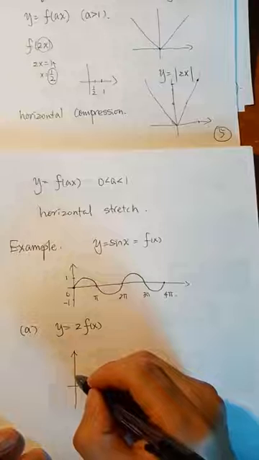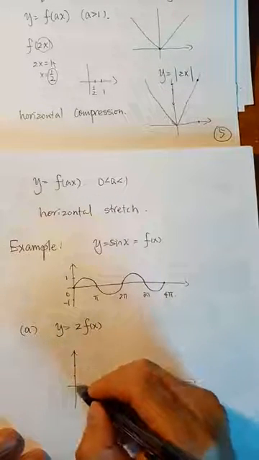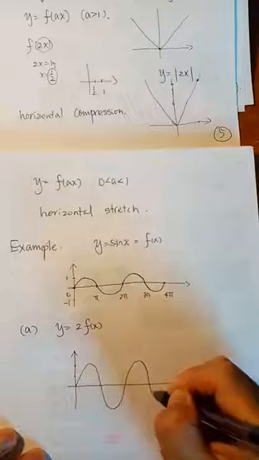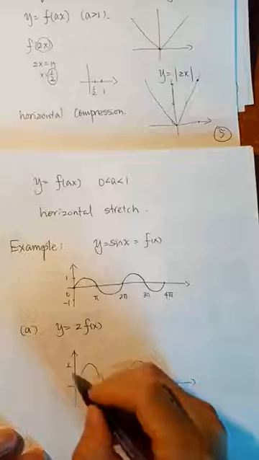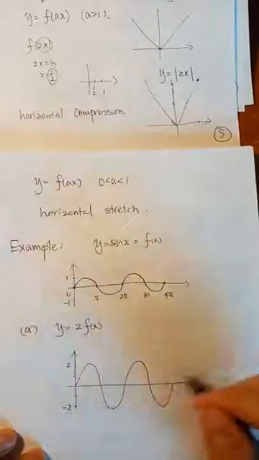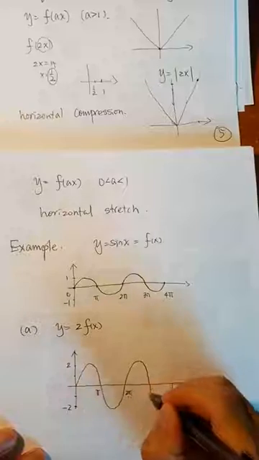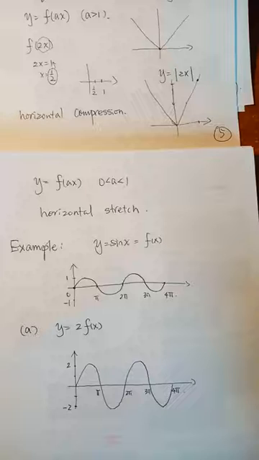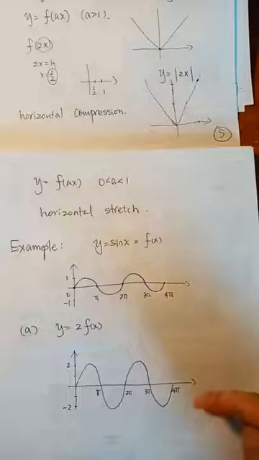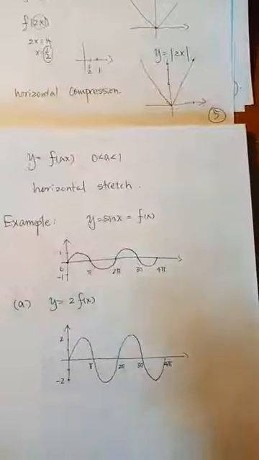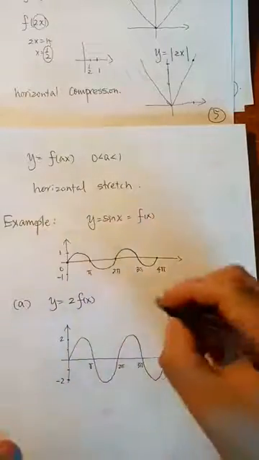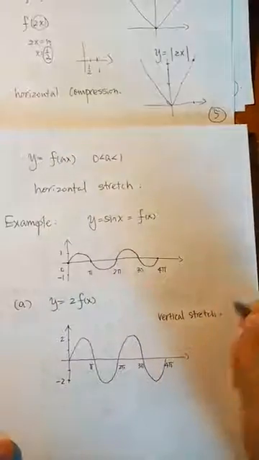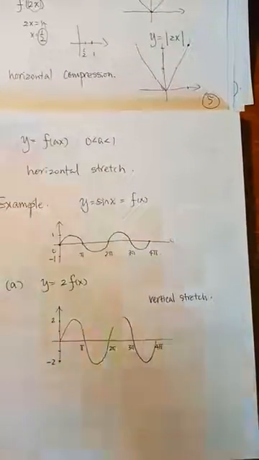Originally it's 1, now it's 2, and negative 1 becomes negative 2. So this is the vertical stretch.